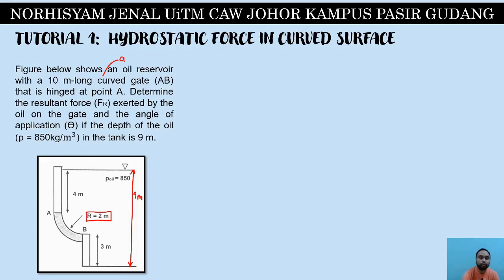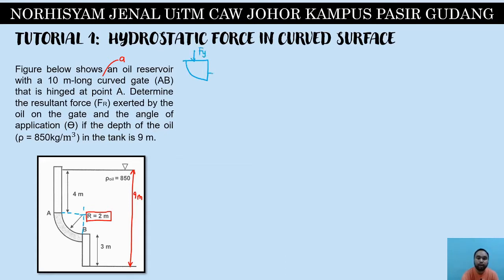And first, what we need to do is we need to draw the volume for the picture. Okay, so the volume will be drawn like this. And if we bring out the volume, it should look like this. Okay, so we just add up all the force acting toward it.